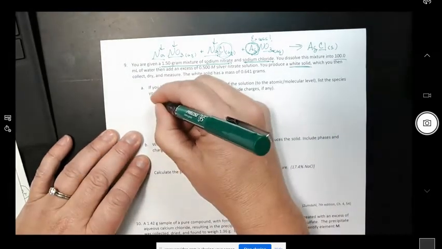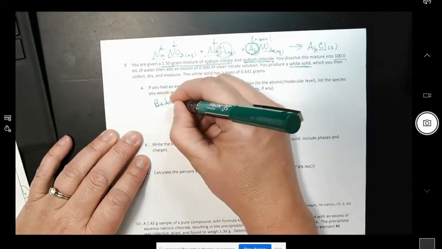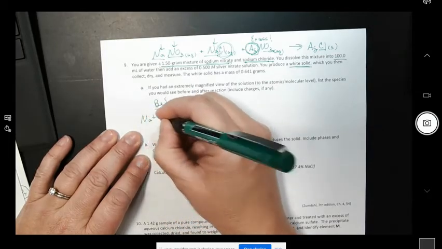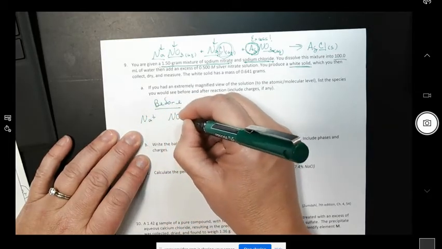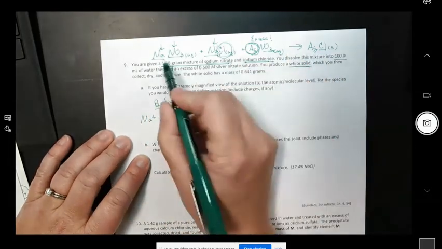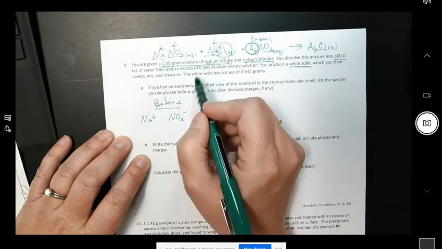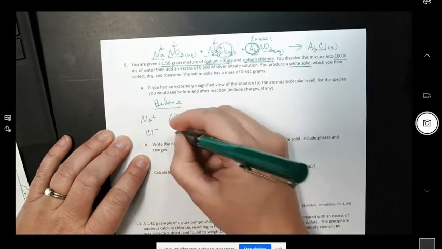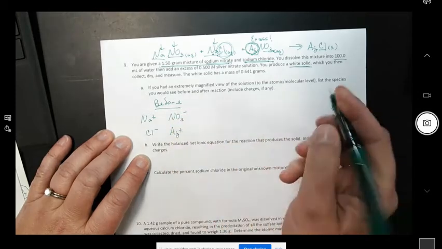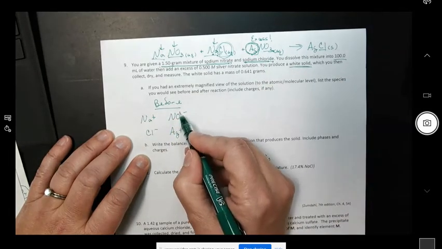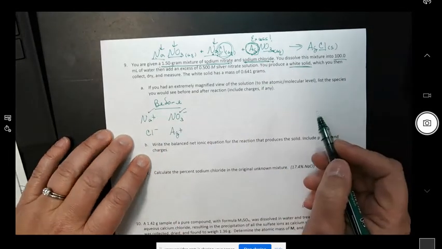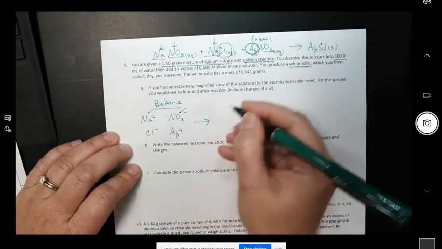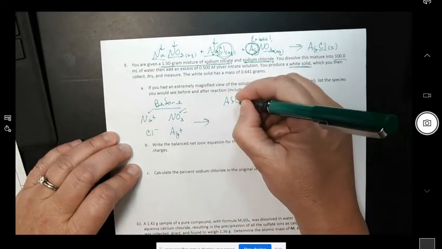So before, we would see some Na plus, some NO3 minus, and we have Na plus coming from 2 different places. I'm not going to write it twice. We would see some Cl minus, and we would see some Ag plus, right? We've got nitrate coming from 2 different places and sodium coming from 2 different places, but those are really the ions we would see.